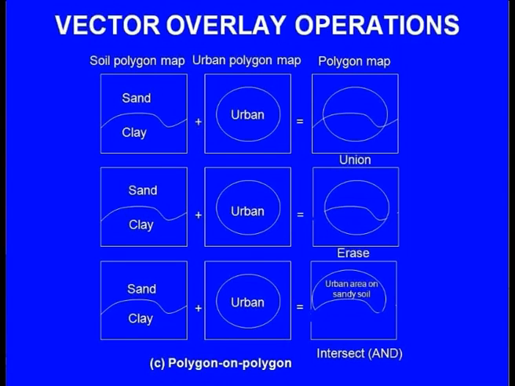Our result of interest is to identify urban area on the sandy soil. We are not interested in any other type of soil. So, the net result is only that portion which satisfies the condition, that is, urban and sand both are present, and we highlight that particular portion. The same is shown in this particular case.